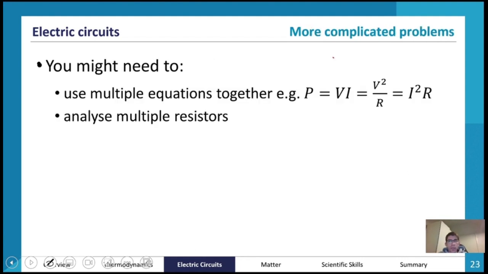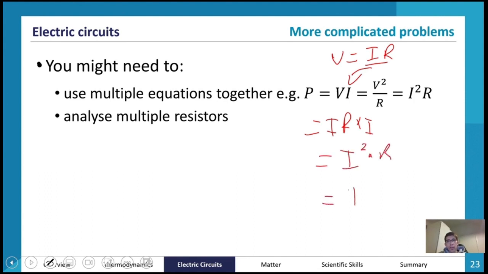For example, given that V is equal to IR, if you input that into P equals VI, that is equal to IR multiplied by I, which is I squared multiplied by R, so it's I squared R. You can do the opposite.